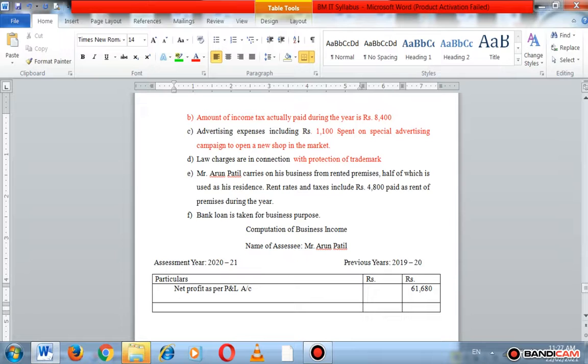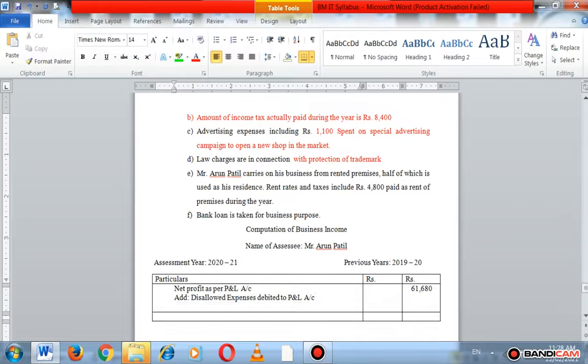Then we add disallowed expenses debited to P and L account. First of all, start from adjustments.